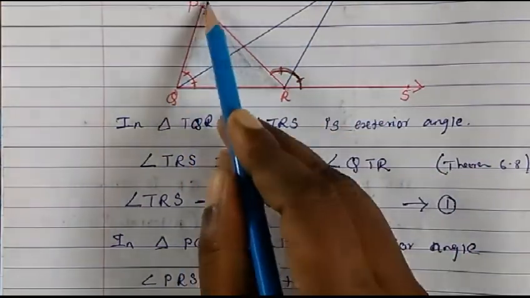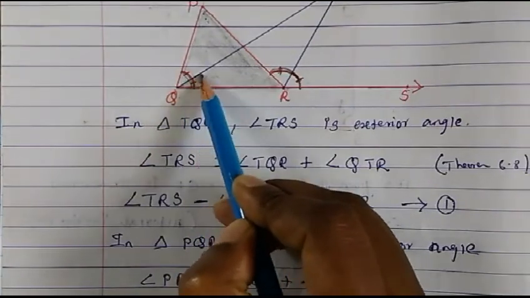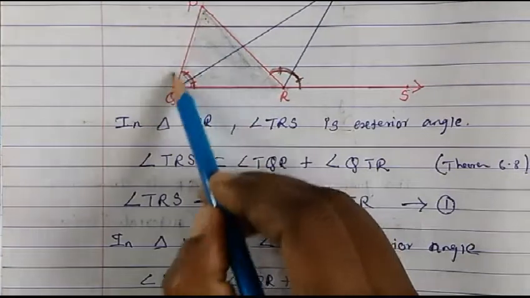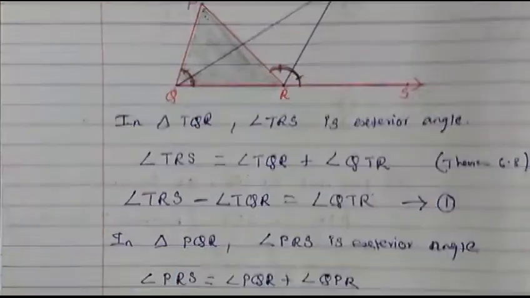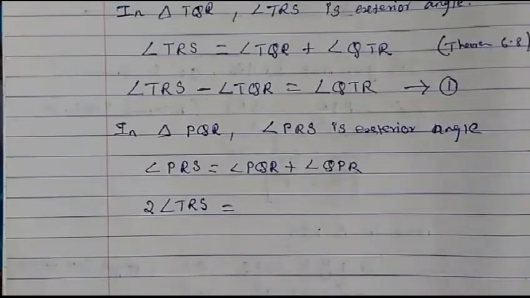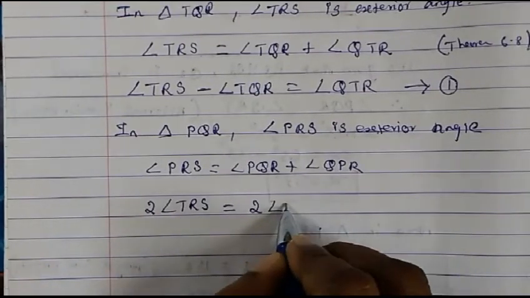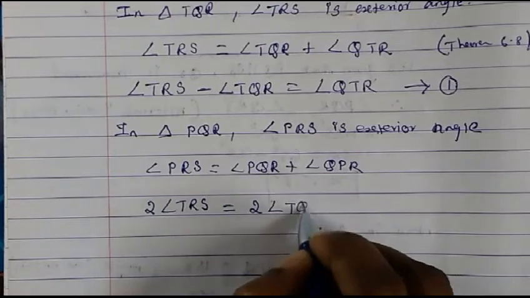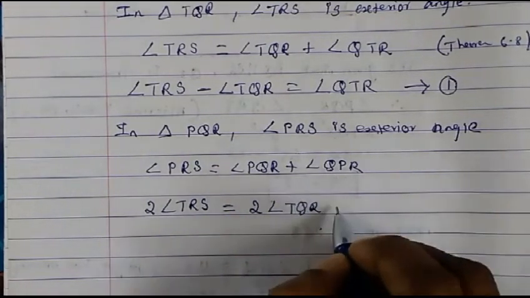This whole angle is equally divided. So can we say that this angle is 2 times this angle? That's what we have written here. So PQR you can write as 2 times TQR. Okay, so let's keep this as it is now.